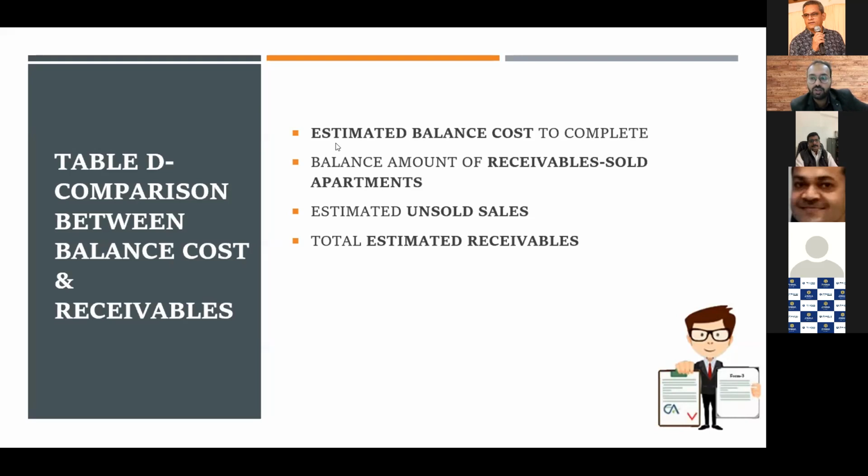Because earlier, even at the time of the ongoing check, if a negative figure came, there was no provision that he has to bring that money and deposit it in the RERA bank. So there is a contradiction and there is an issue. Hence, we need to check this only once. And if 70% is there, then he has to deposit only 70%. And if it is 100%, then the entire 100% he has to deposit in the separate bank.